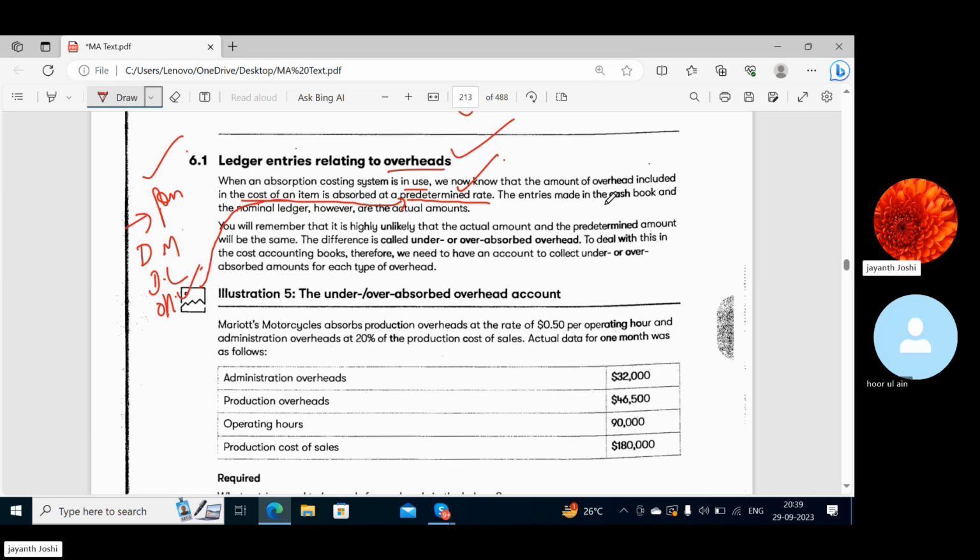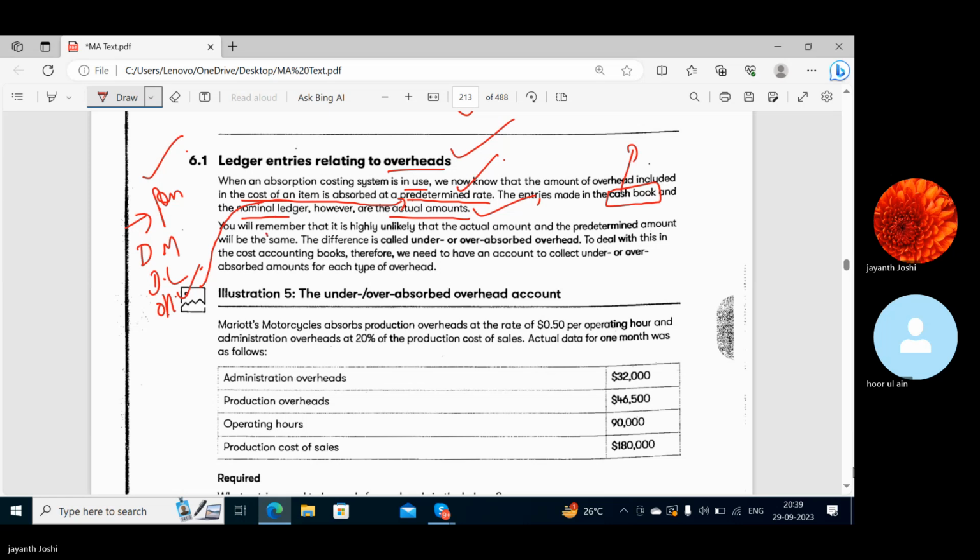The entries made in the cash book and the nominal ledger, however, are the actual amounts. You should understand one thing: the cash book works on the concept of receipts and payments. Whenever you receive, you show; whenever you pay, you show. Same is the case with the nominal ledger. They are the actual amounts which you are incurring. Estimations are not shown there, actual amounts are shown.